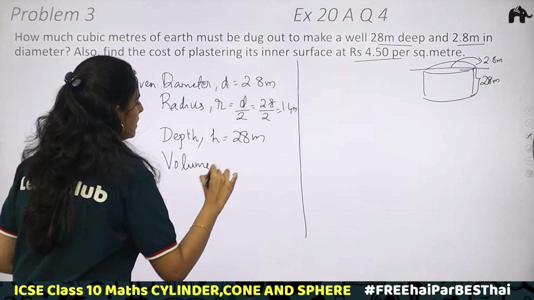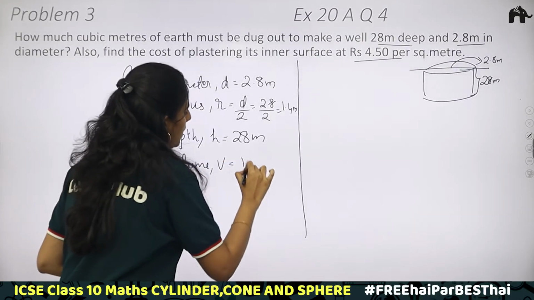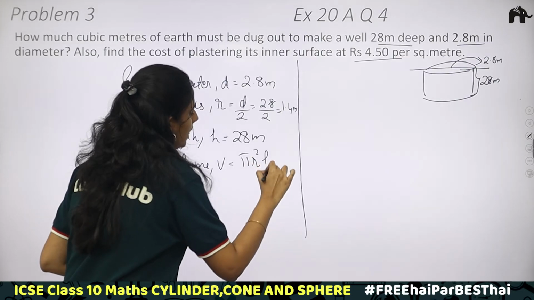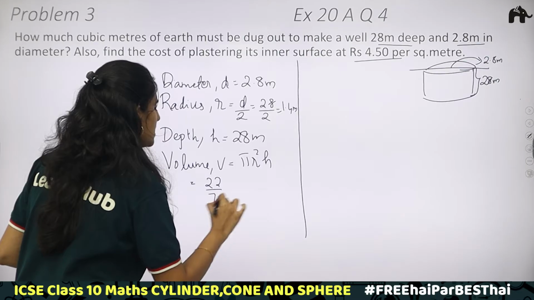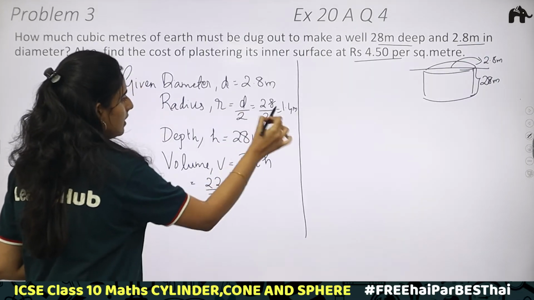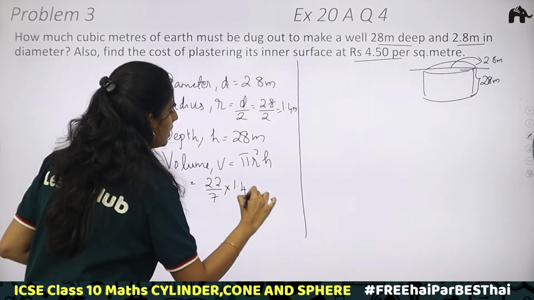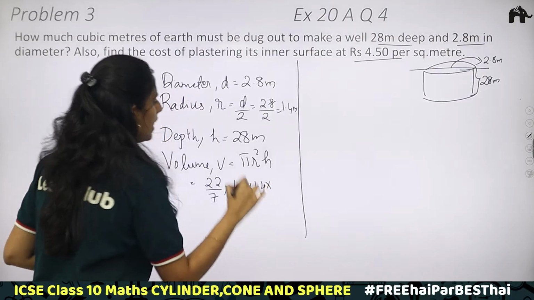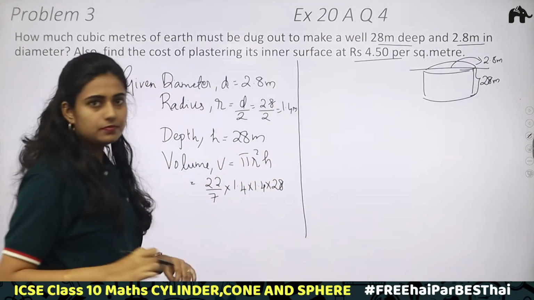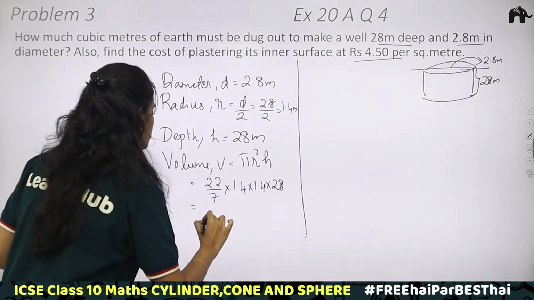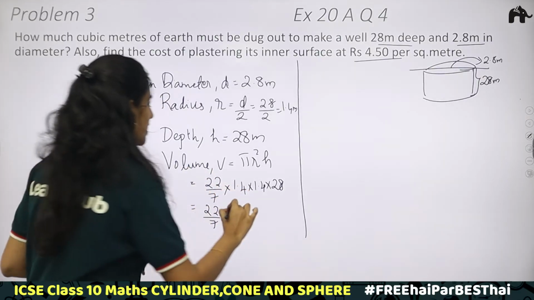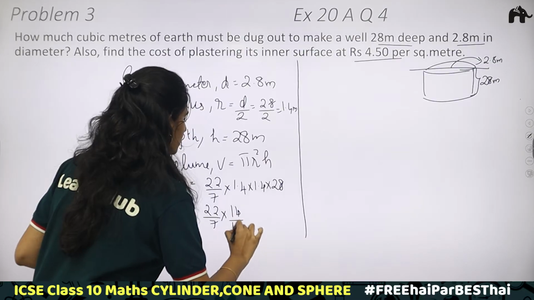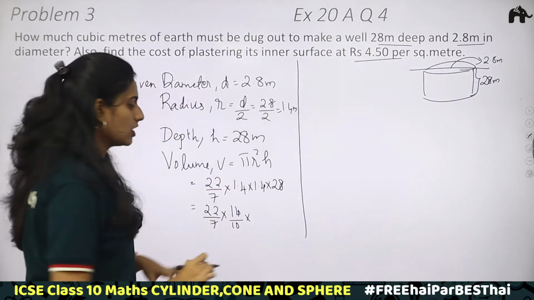Volume V is pi r square h. Put the values. Pi 22 divided by 7. R square. Radius is 1.4 into 1.4 and height is 28. Equal to 22 by 7. 1.4 can be written as 14 divided by 10. We are converting the decimal to fraction form.